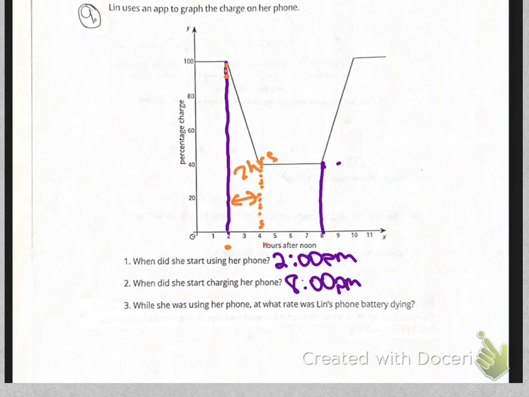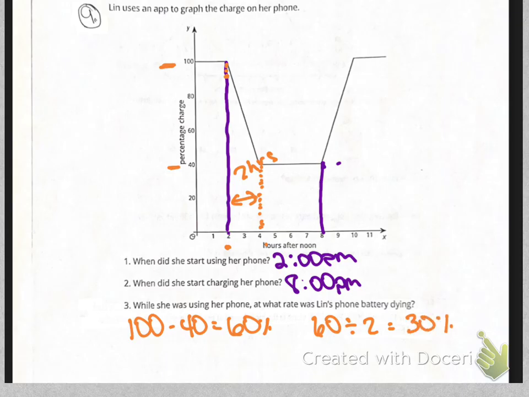We have to see how the battery changed. It went from 100 to 40%. So you're going to take 100 minus 40, that equals 60. So she used 60% on her phone in 2 hours. To figure out how much she used per hour, we're going to take 60 divided by 2. That is 30% per hour.